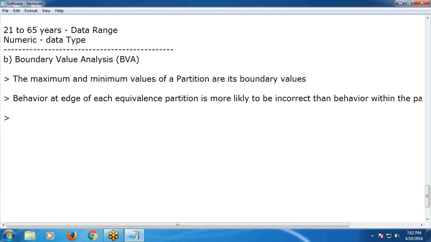Next, boundary value analysis can be applied at all test levels. What are all the test levels, Rahman?